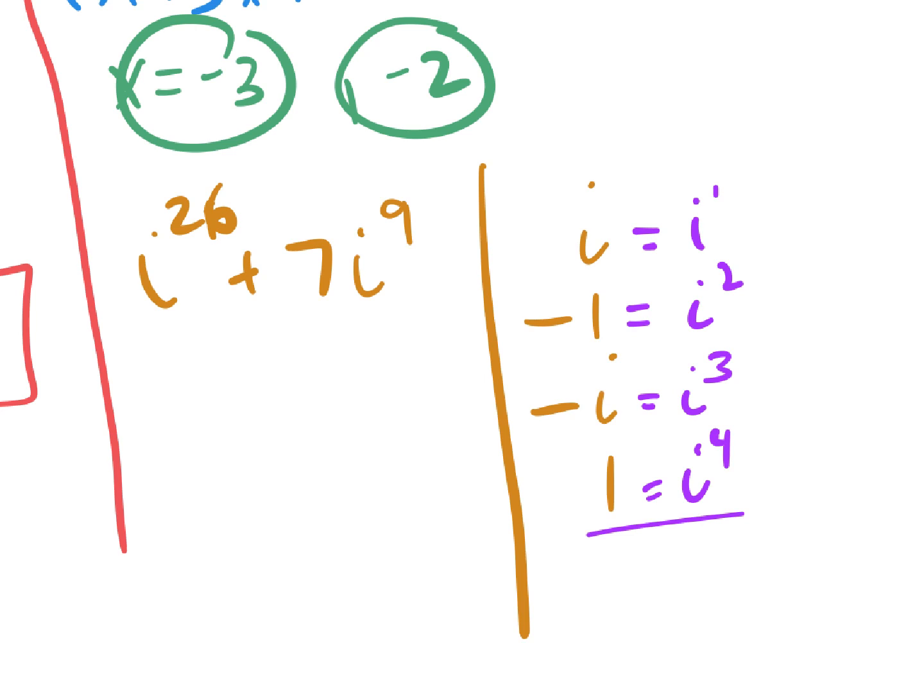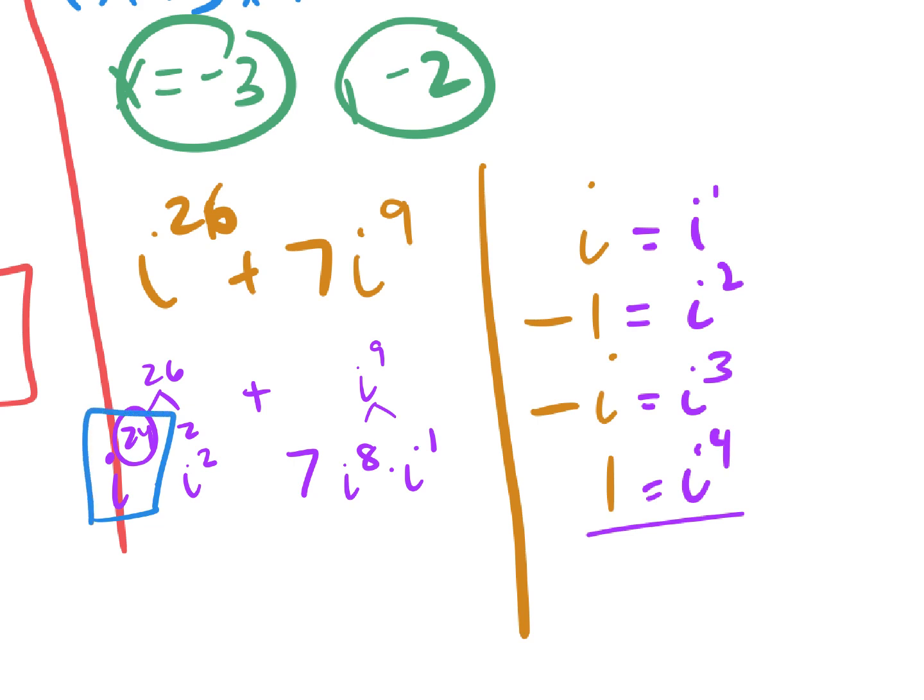So 26 can be broken into two numbers, 24 and 2, where this would be i to the 24th power times i to the second power, and then plus 7. i to the 9th can be broken into i to the 8th power times i to the first power.